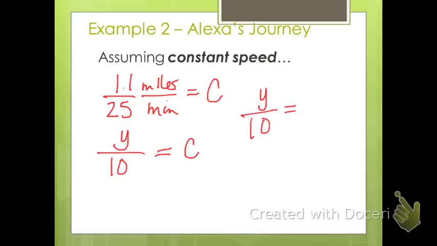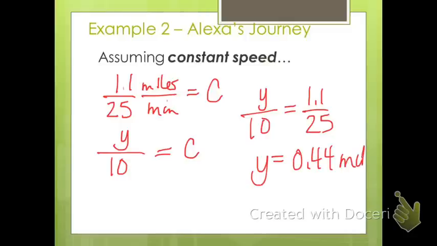If these are both equal to a constant over any interval in her trip, then I could set y over 10 equal to 1.1 over 25. And that led to a distance of 0.44 miles in 10 minutes.